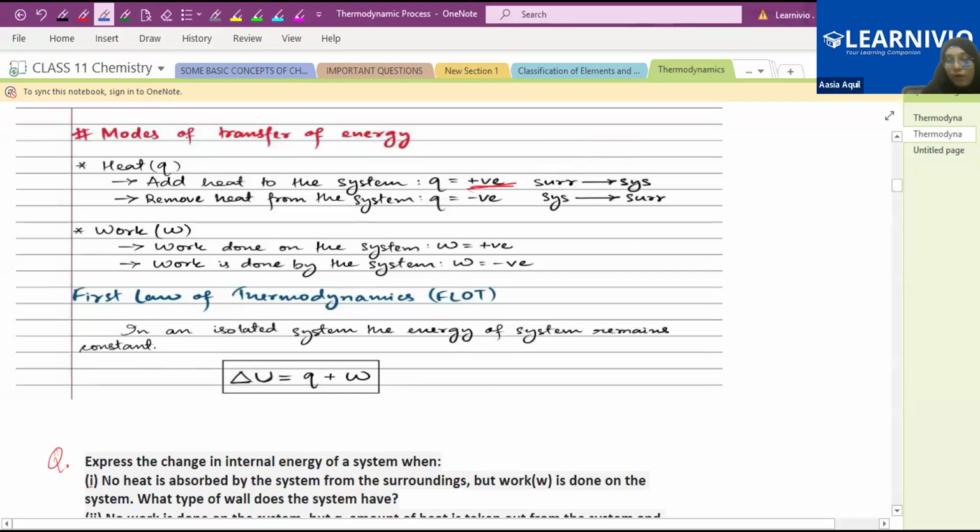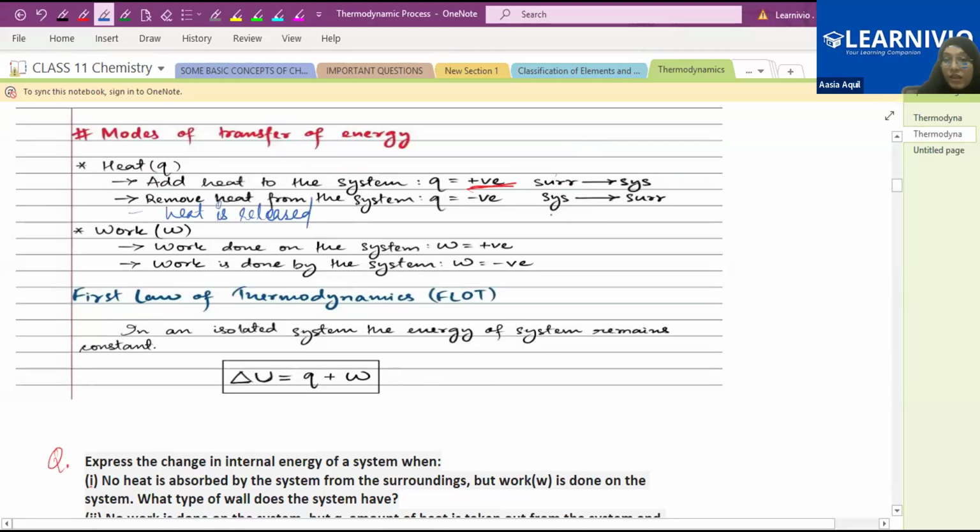You should remember all these points. So when you add heat to the system, or in some questions अगर दिया हुआ है कि heat is absorbed by the system, here the value of heat will be positive, and it means heat is transferred from the surrounding to the system. Second one: if you remove heat from the system, or sometimes the heat is released from the system, release and remove have the same meaning.